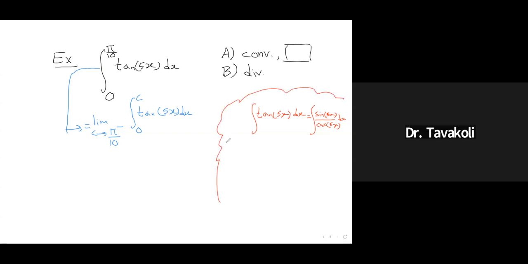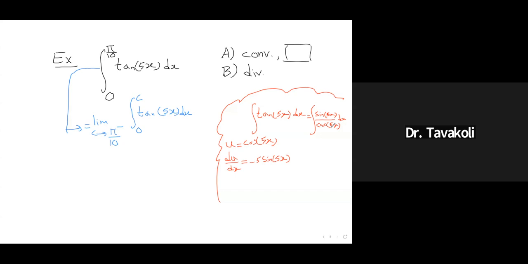Why? Because if I let u be cosine of 5x, the derivative of u with respect to x, using the chain rule, is minus 5 sine of 5x. Why? Because the derivative of cosine is negative sine, and so negative sine of 5x times the derivative of 5x, which is 5. So I've used the chain rule that you have seen in Calc 1.